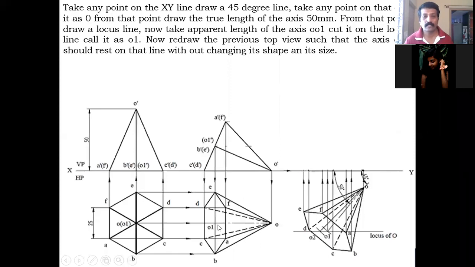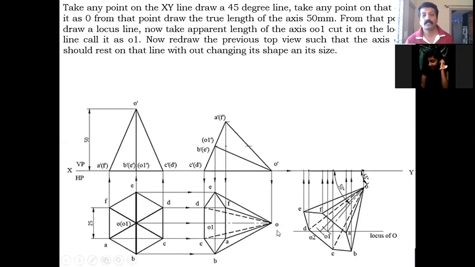Similarly, O1 to this point and O1 to this line, it is the same. You cut it on the same line, and then from that point you draw a 90-degree line to that O to O1 line. After that, from here to D and C, from this point to F, and from this point to A, the distance is the same. You cut it on either side from here. So you'll get all the 6 points.